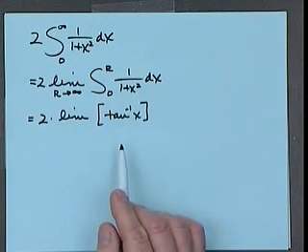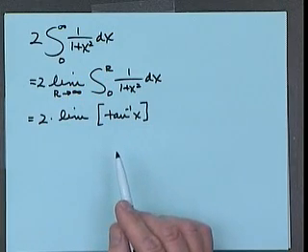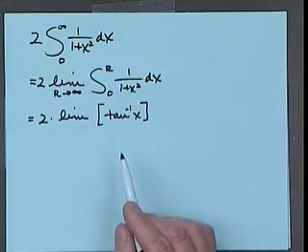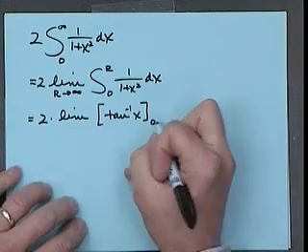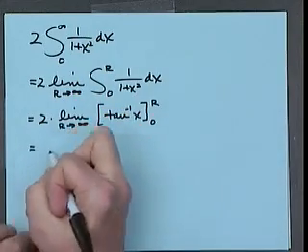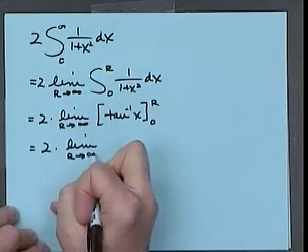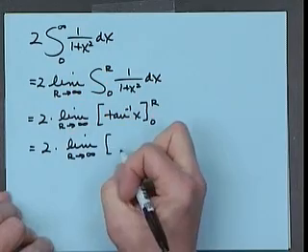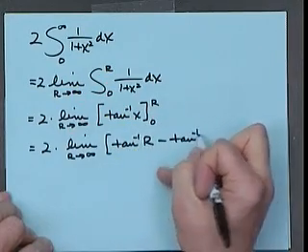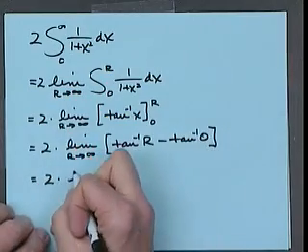We are going to be forced in this problem to think about what inverse tangent is and how that function, inverse tangent, is different from but yet somewhat like the tangent function. So we want inverse tangent r minus inverse tangent 0.